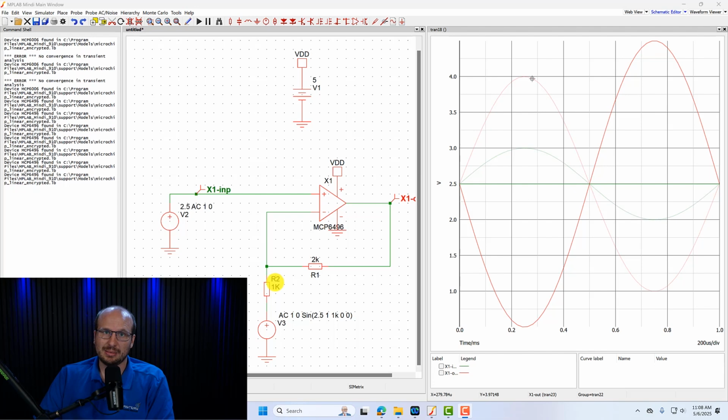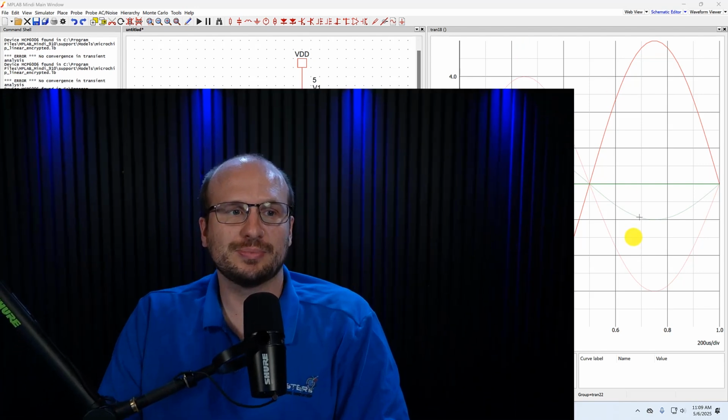So maybe you want to be able to choose what the input impedance is of your amplifier. The other thing you need to think about is the inverting amplifier has a phase shift of 180 degrees, right? The gain is negative, so it's going to go down first instead of going up. So you need to think about that too.